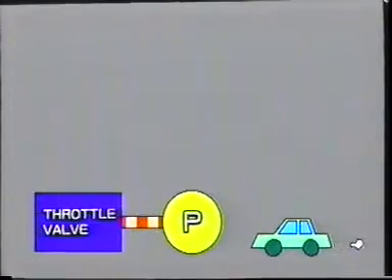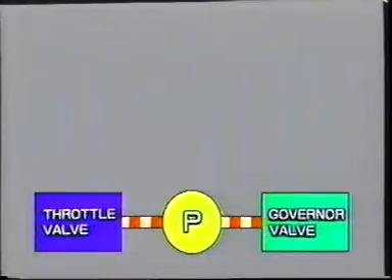The hydraulic pressure, which is created by the oil pump, is also regulated by the governor valve according to the speed of the vehicle. The resulting pressure is called governor pressure.